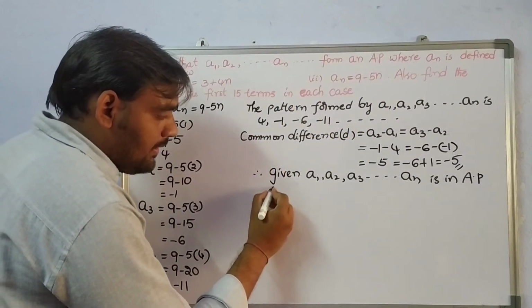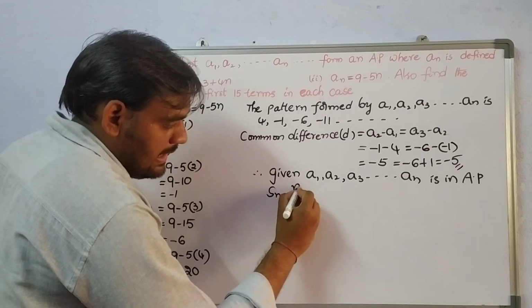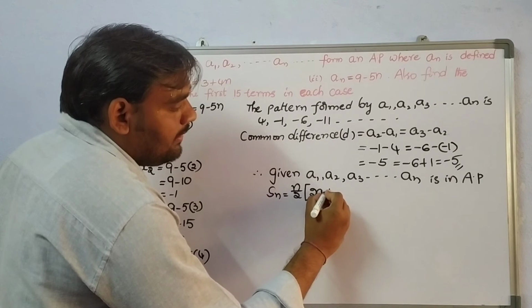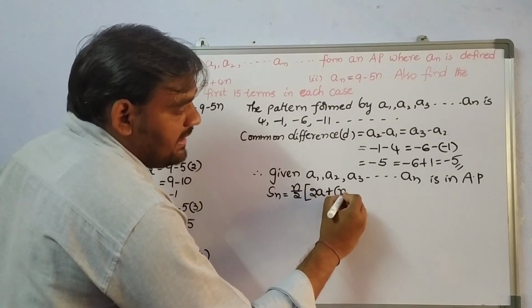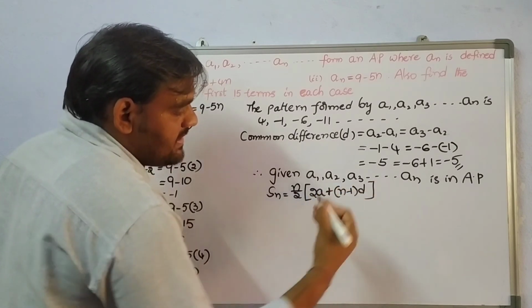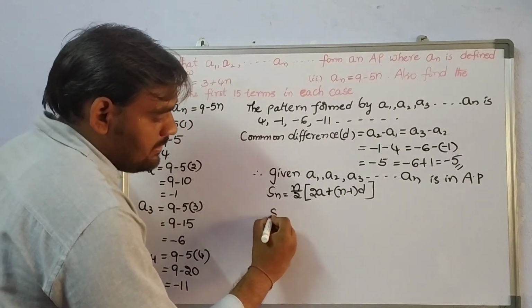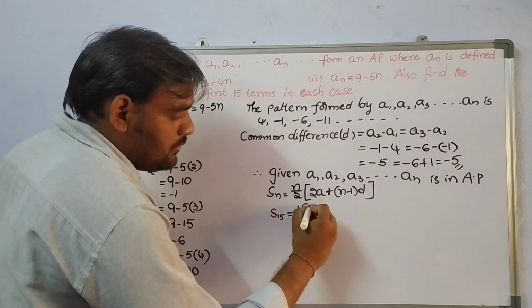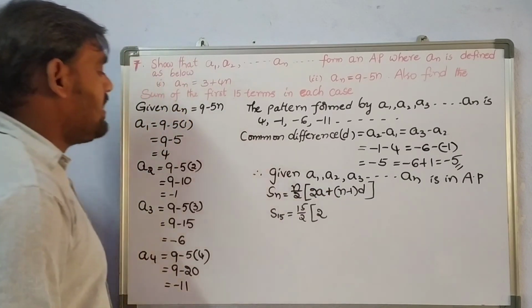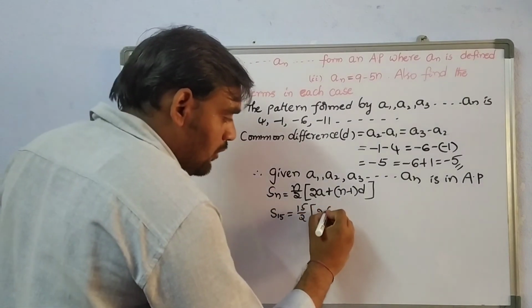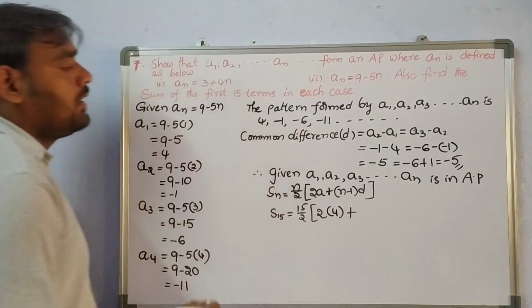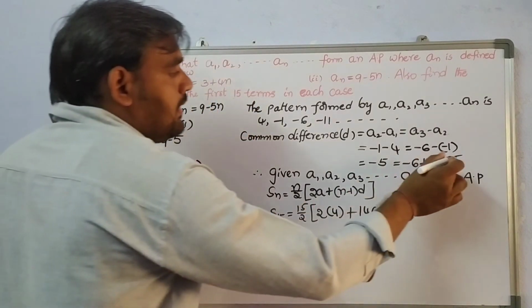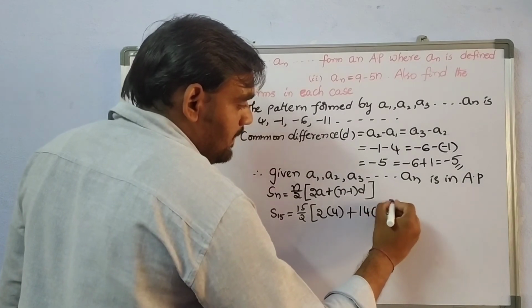So Sn, general formula: Sn is equal to n by 2 into 2a plus n minus 1 into d. This is the basic formula. From this, S15 is equal to 15 by 2 into 2a. What is the value of a here? 4. 2 into 4 plus n minus 1, that is 14, into d, common difference. D is minus 5.